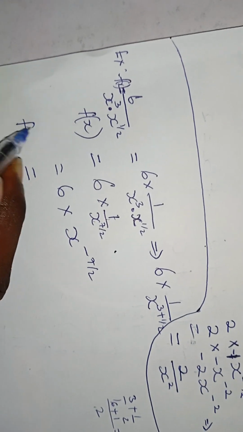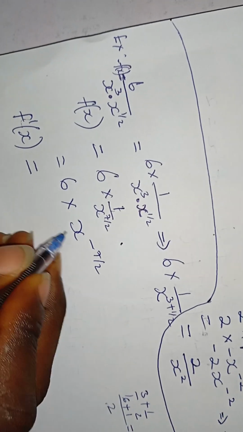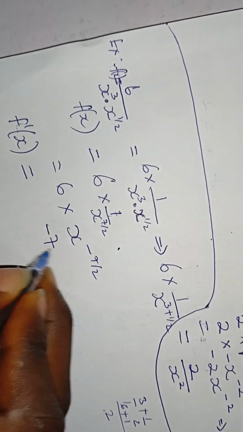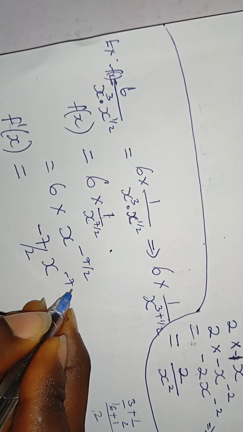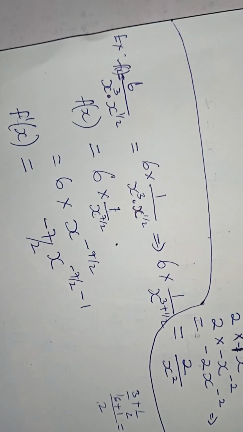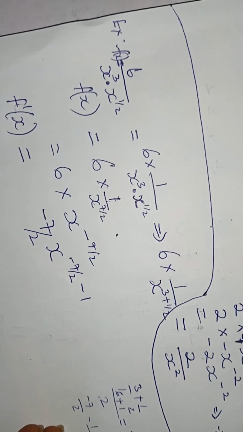So f prime x at this junction is, carry this minus 7 over 2 and put it as coefficient, then subtract 1 from the power. So this is minus 7 over 2 minus 1 over 1.